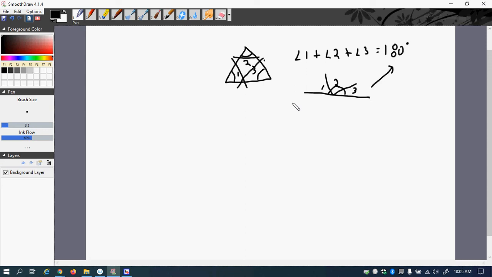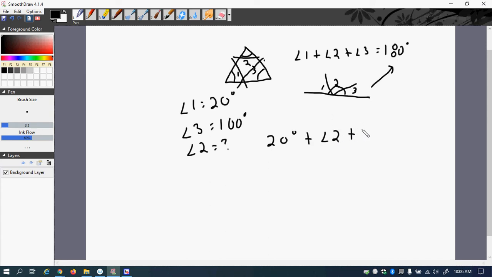But anyway, since we know that, we could be given two angles and then solve for the third. So let's say that angle 1 was 20 degrees and angle 3 was 100 degrees. If we put those into the formula, we could solve for angle 2. So we have 20 degrees plus angle 2, which I don't know, plus 100 degrees equals 180.